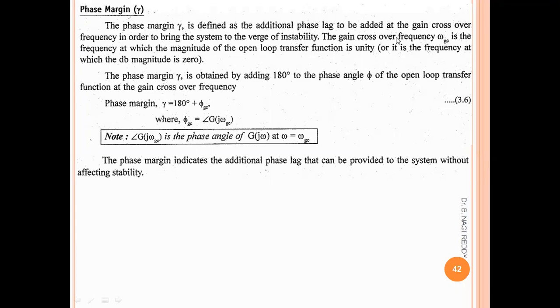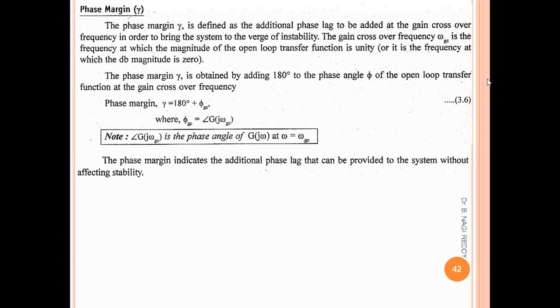So what is this gain crossover frequency? It is nothing but the frequency at which the open loop transfer function magnitude is unity. Or simply, if we represent that magnitude in decibels, apply 20 log Kg.